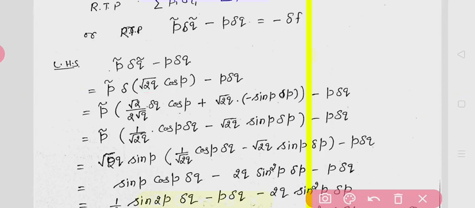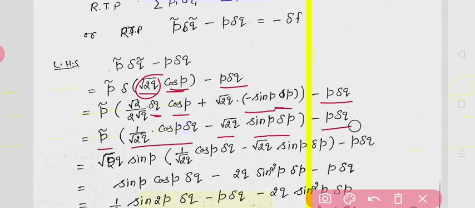What will be the derivative of root 2q? That will be 1 by 2 root q into delta q, and cos p as it is. Plus root 2q as it is, times the derivative of cos p, which is minus sin p into delta p. The remaining will be as it is. When you solve this, it will be cos p delta q minus 2q sin p delta p minus p delta q.